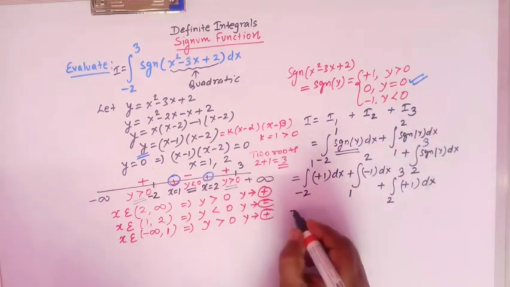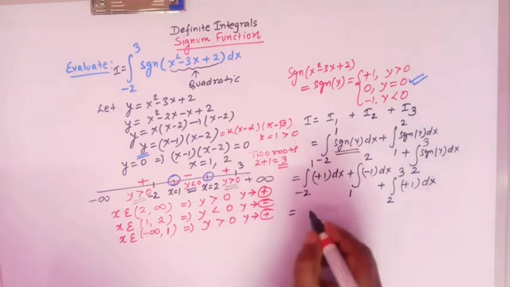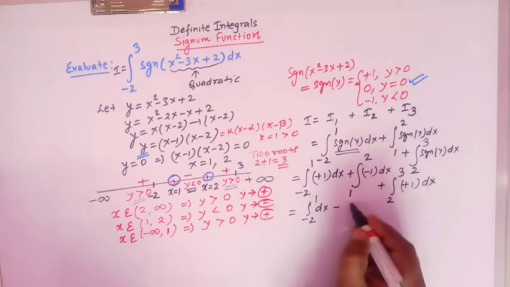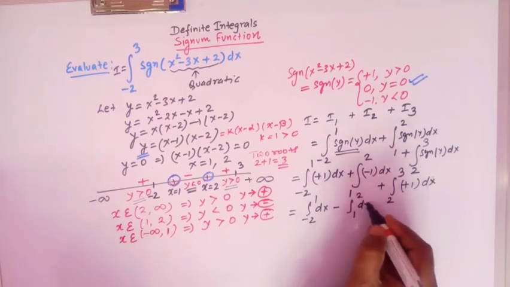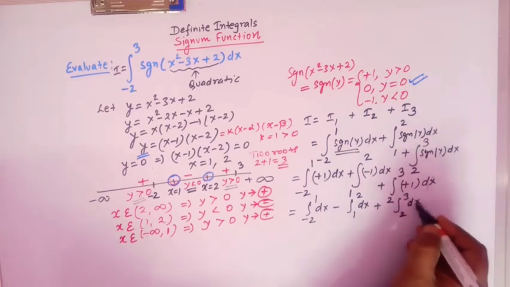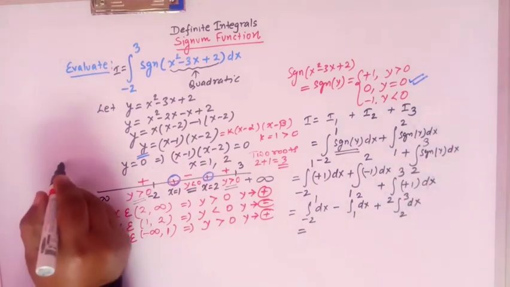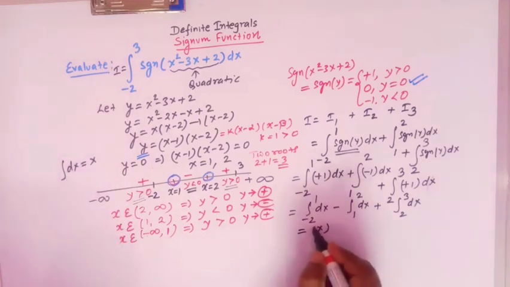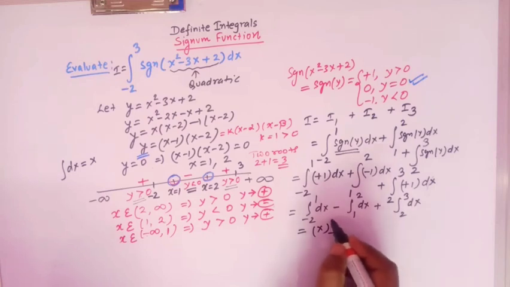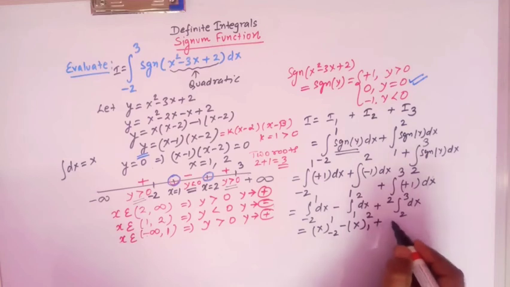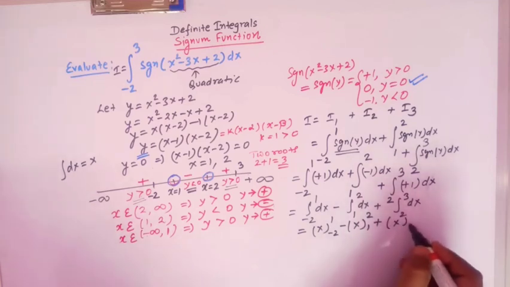Okay, so now we have these three simple integrals, so we can write minus 2 to 1 dx, here we have minus 1 to 2 dx, and now we have 2 to 3 dx, and we know that the integral of dx is simply x. So now we have x with limits from minus 2 to 1, here x with limits from 1 to 2, and here x with limits from 2 to 3, right?